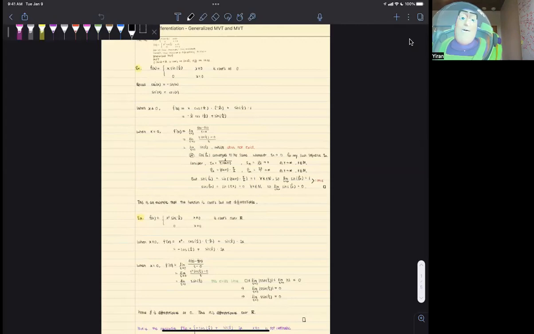So in my opinion, in the proof of the generalized mean value theorem, which we proved first, we created a new function h, and we can translate our problem. Recall the statement of the generalized mean value theorem. It is f(b) minus f(a) times g prime of x is equal to g(b) minus g(a) times f prime of x. So it's really a statement about functions f and g.